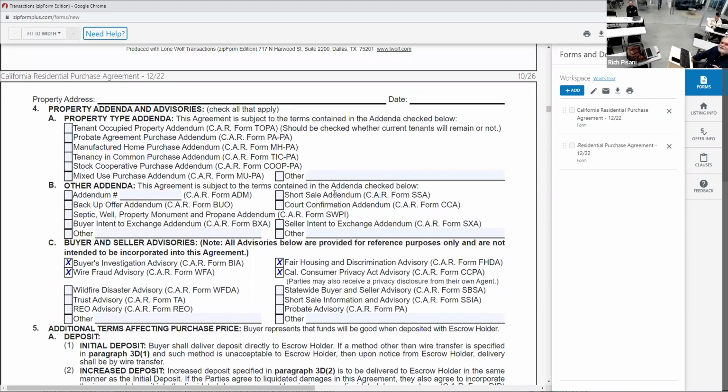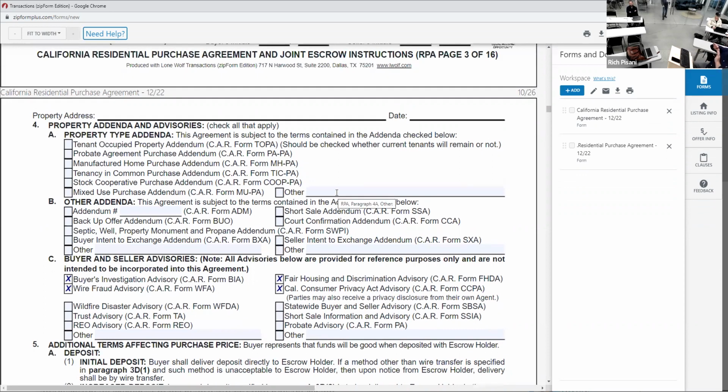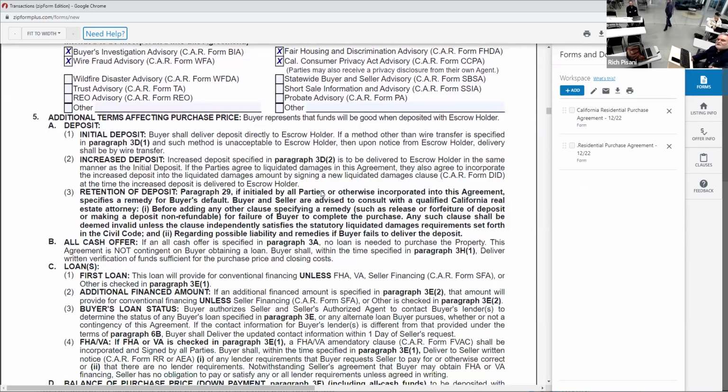Okay, so we've now done everything that needs to be filled out. Now we get into the explanations. What's the explanation for initial deposit? The explanation for the increased deposit, retention of deposit.